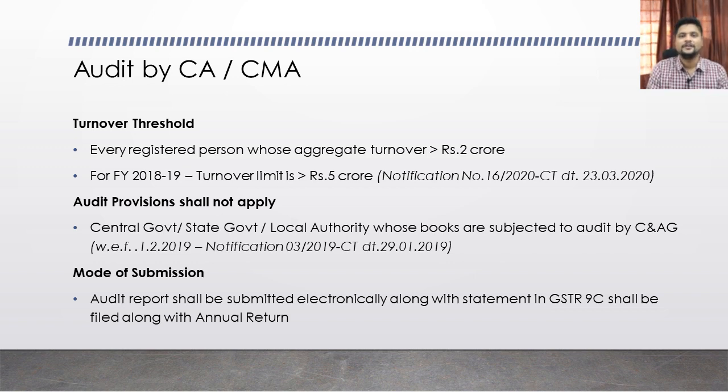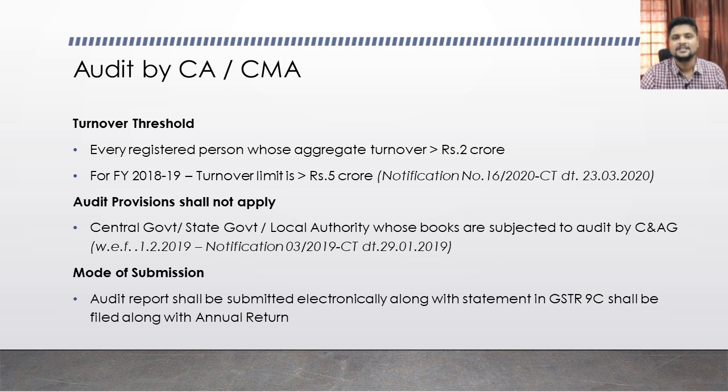Next, once this audit is over, for example, if a CA or CMA has conducted a GST audit, then they will have to submit a report. That report has to be submitted along with the annual return. Along with the annual return filed by the taxpayer, the auditor also has to submit his report through form GSTR 9C.